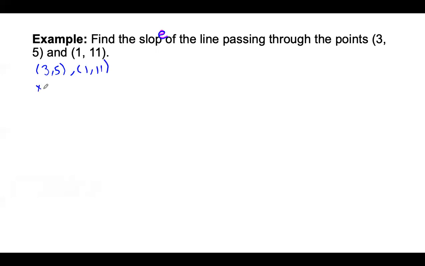So this is our x1, y1. Let's pick it. This can be our x2, y2. So we're going to apply m equals y2 minus y1 divided by x2 minus x1 and calculate this.